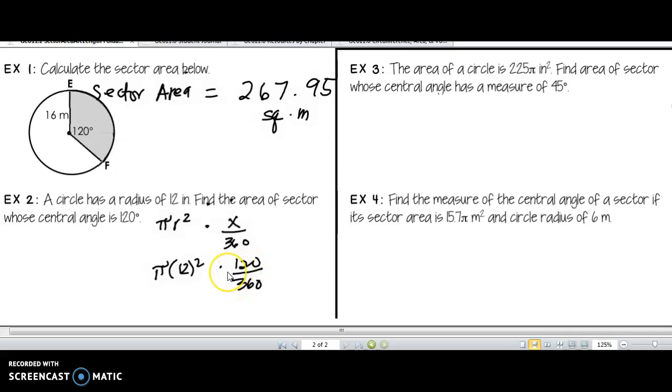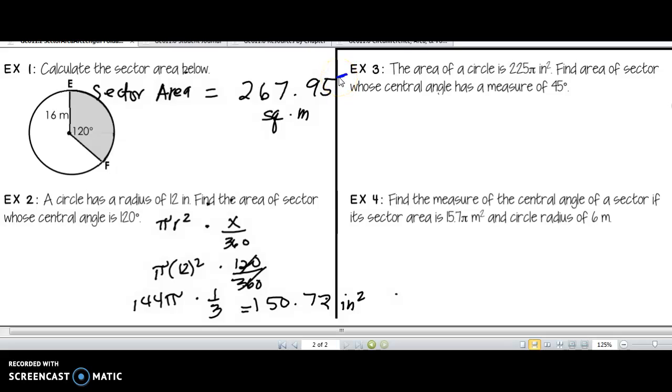So this will be 144 pi. If you reduce 120 over 360, it will just become 1/3. So let's get the total of this one. It's 144 times 3.14 divided by 3. So this is approximately 150.72 inches squared. So that's the area of the sector.